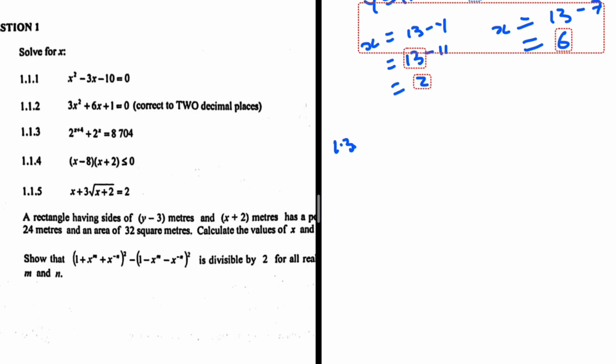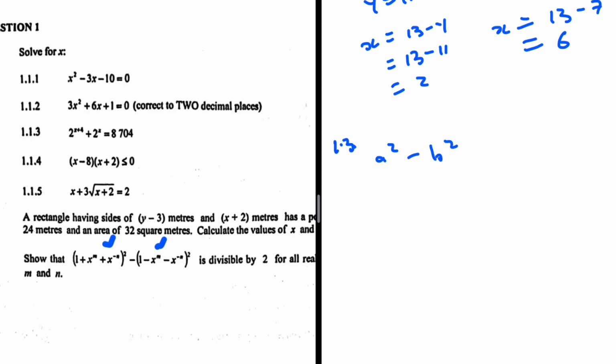But what I'm realizing is that this is a difference of 2 squares. So if we let the first bracket be equal to a and the second bracket be equal to b, we get a squared minus b squared, right? That thing boils down to that. And we know fully well that a squared minus b squared is a plus b multiplied by a minus b, right?